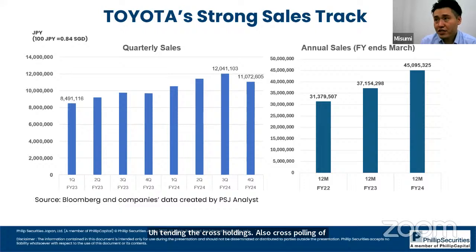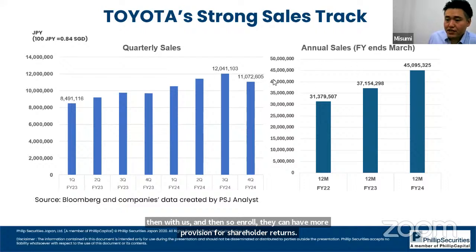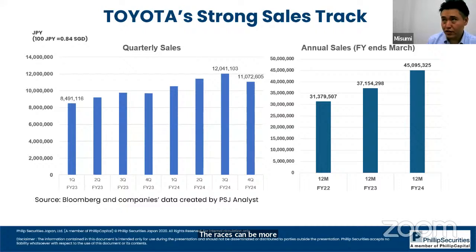Renesas, Rohm, and Denso hold each other's shares, but Toyota is disposing of some portion of them, so Renesas, Denso, and Rohm can have more provision for shareholder returns. I think they are more efficient than Toyota, and that is why I added them to the strategy portfolio last quarter.